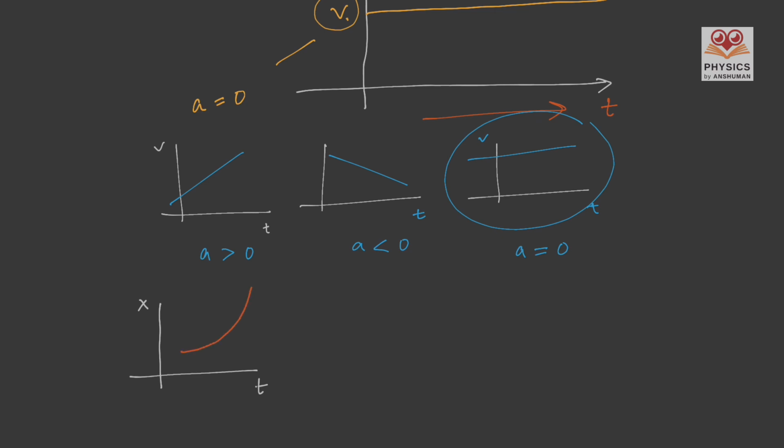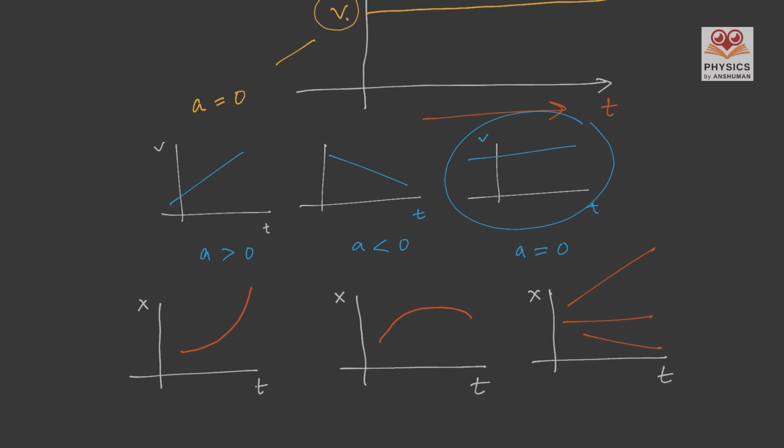The curve is U-shaped. And for negative acceleration in the position time graph, the curve will be an inverted U shape, something like this. And for zero acceleration in the position time graph, the curve will be a straight line, either this or this or this.